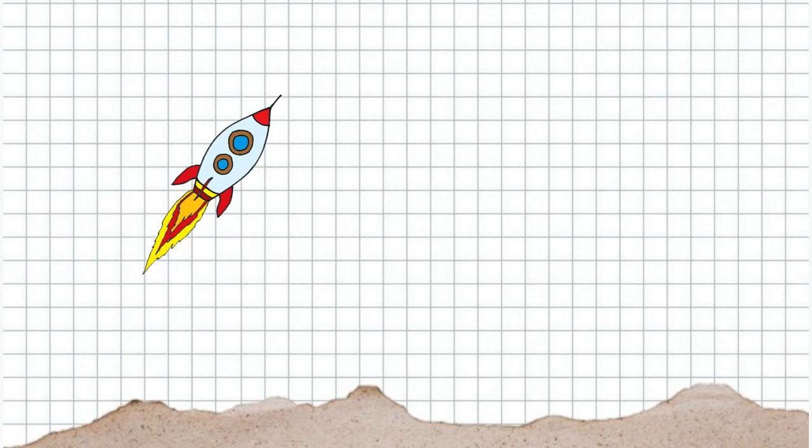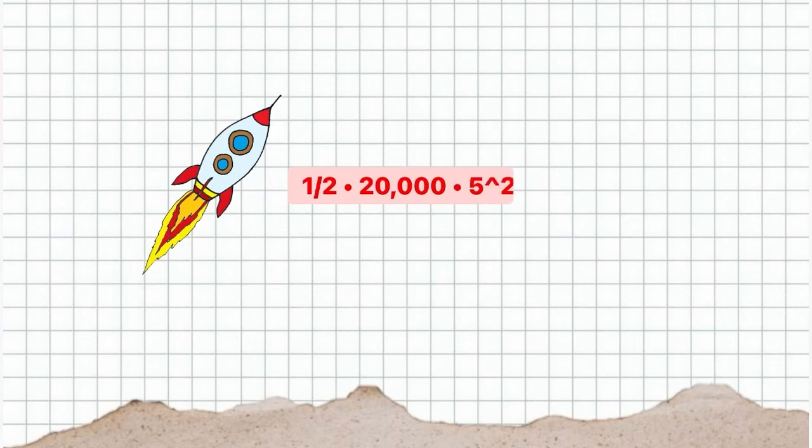Now, we can insert these numbers into our formula. For the rocket, we'd use half times the mass of 20,000 kilograms times its speed of 5 squared, remembering that just the speed is squared, not the whole thing. So we get 250,000, which will be in joules, since energy is measured in joules.